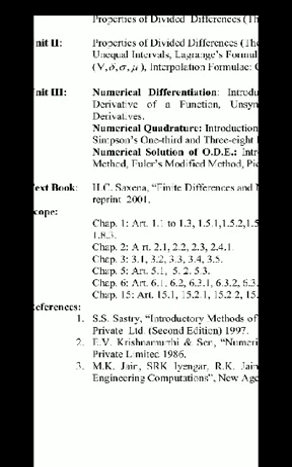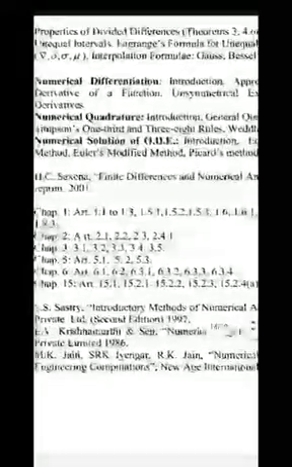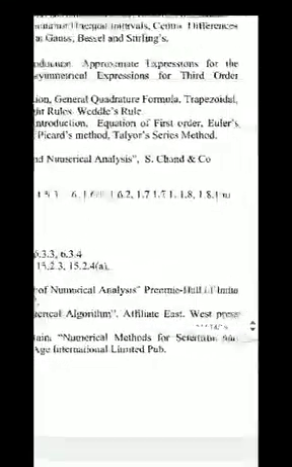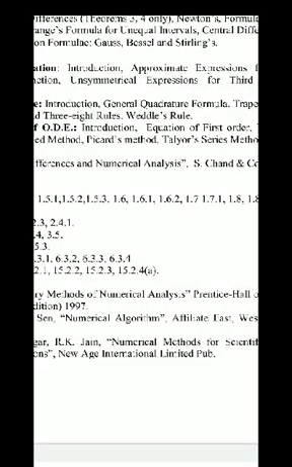Next is numerical quadrature. Numerical quadrature is an important and very important topic. Then the introduction of that formula, then the general quadrature formula, and how we can derive the trapezoidal rule, Simpson's 1/3 rule, after that the 3/8 rule, Weddle's rule, by using the general quadrature formula.